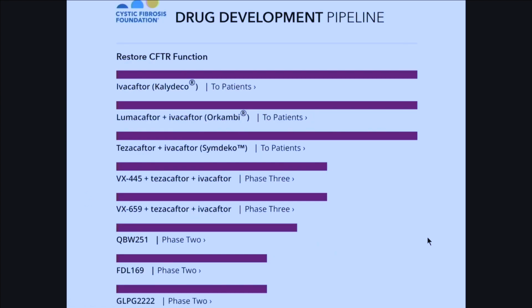So based on this, there's now multiple companies with triple combination therapy at various stages of clinical development. This is a partial list from the CFF website of where compounds are at. Of course, we know the approved Vertex compounds, and several others should follow closely.